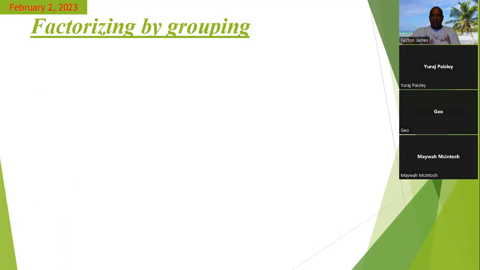All right, so we're still on the topic of factorization. I would have mentioned that we have different methods or techniques that we use for different types of expression. So now we're going to be looking at factorizing by grouping. In this case, we are looking generally at 4-term expressions.